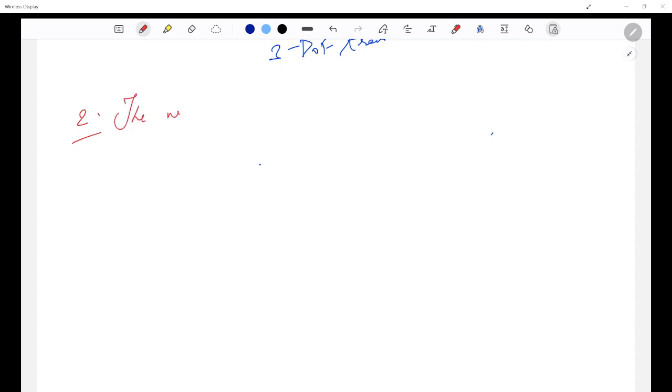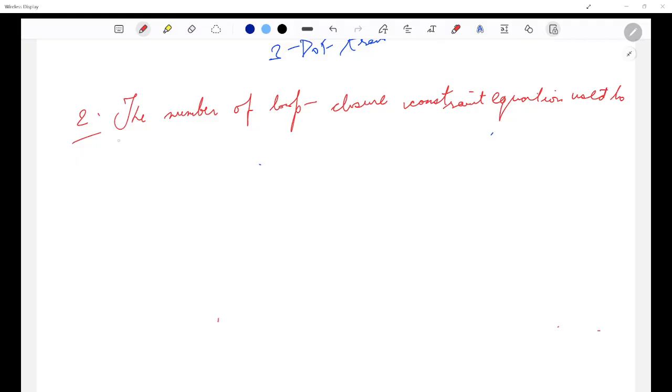The number of loop closure constraint equations used to solve the direct kinematics problem is how much?